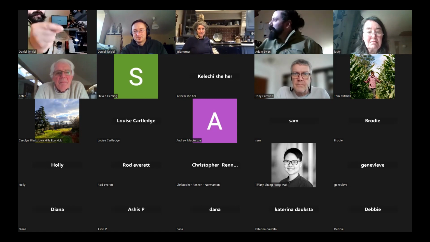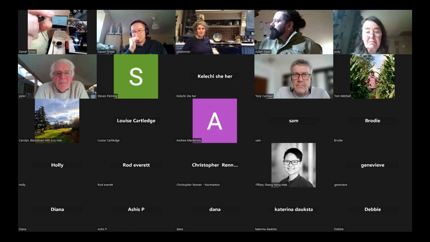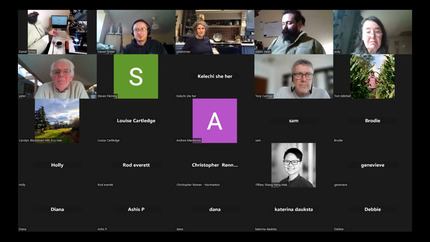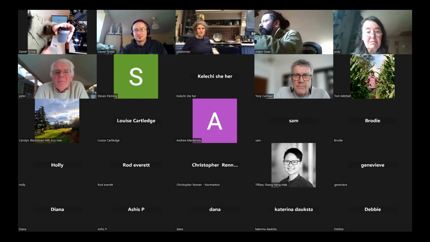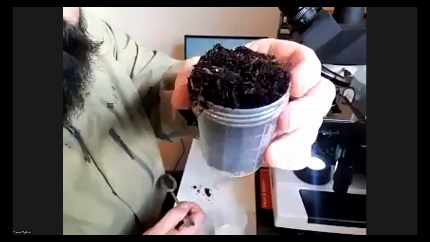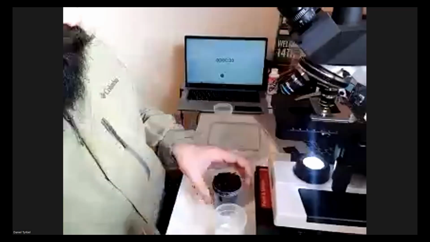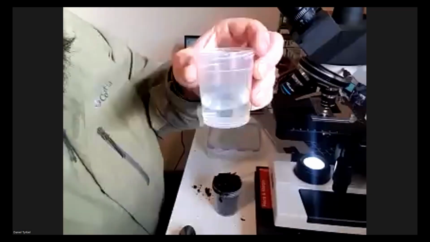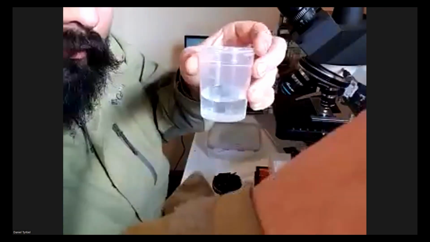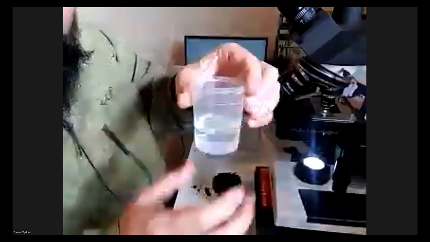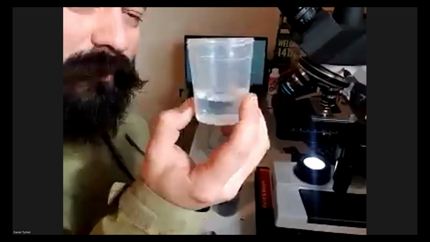So we're going to get a slide. That's one of these things. We have a sample of compost. This is a nice fungal compost. Hopefully we'll show you some fungal hyphae. And we have a urine cup with 40 ml of water.